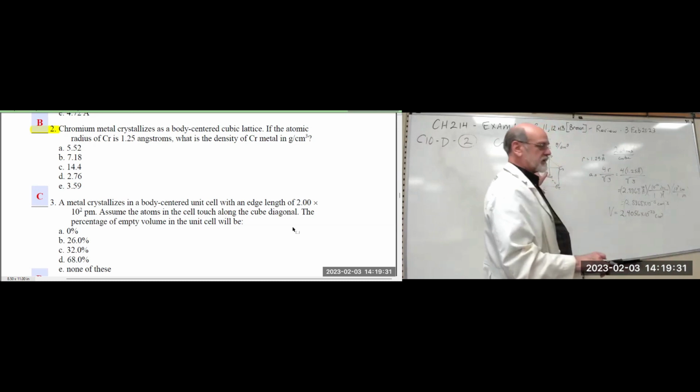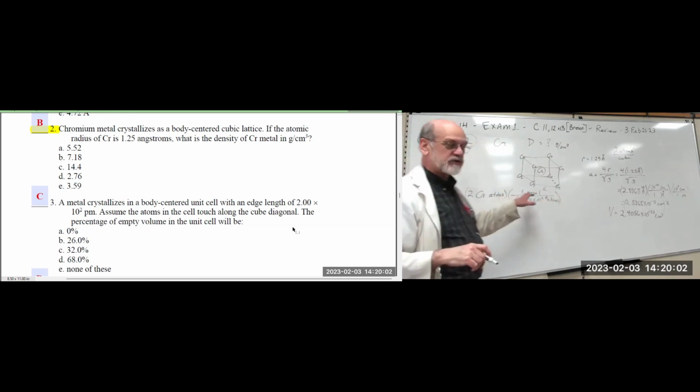And 3. There we go. 2.4056 times 10 to the minus 23 cubic centimeters. Okay, that's the volume of that cube. Now we need to say, all right, we've got 2 chromium atoms in there. What's the mass?